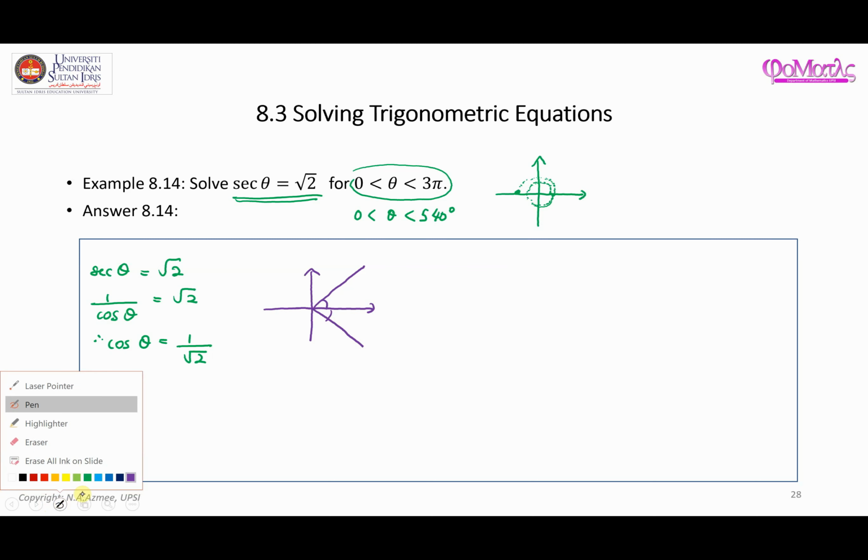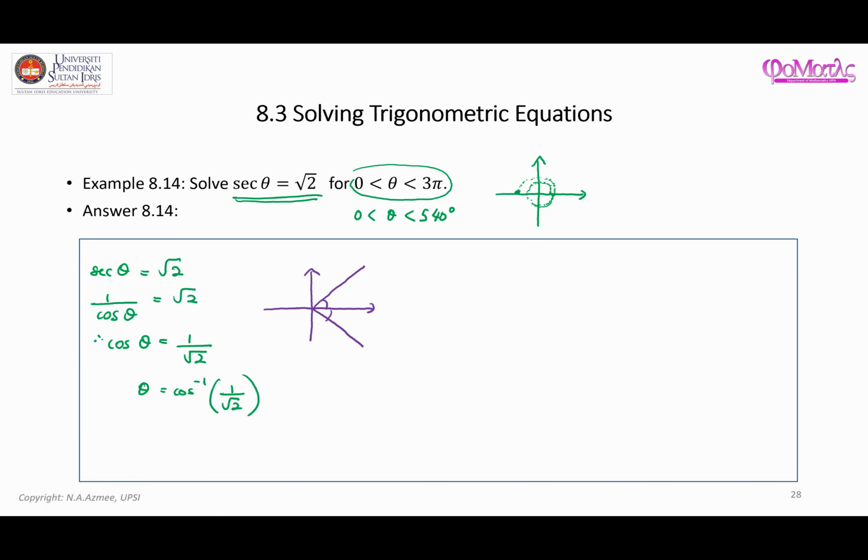If you punch in your calculator, you will get that theta is just the inverse cos of 1 over sec 2, and this is equal to 45 degrees. So this one is 45 degrees, and this one is also 45 degrees.